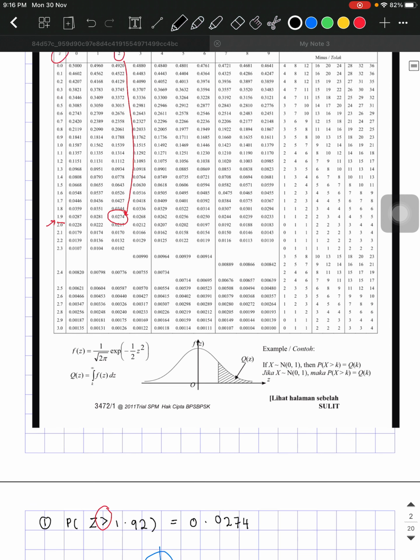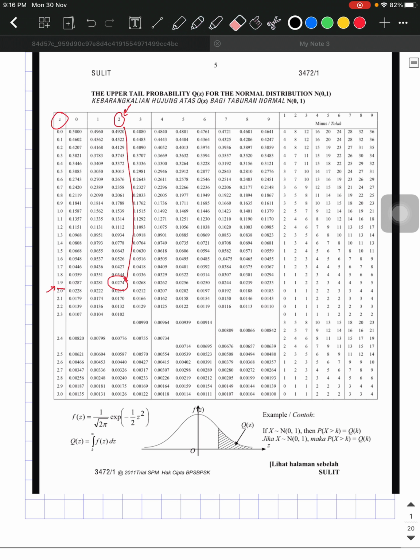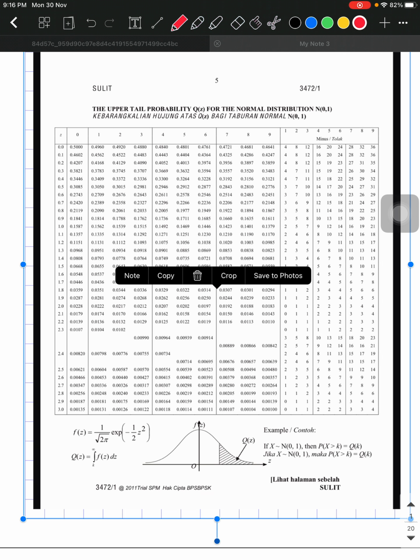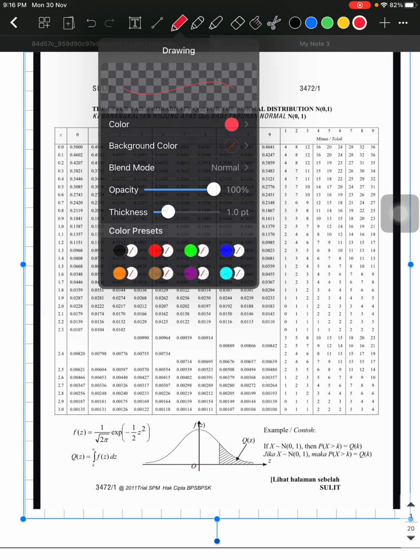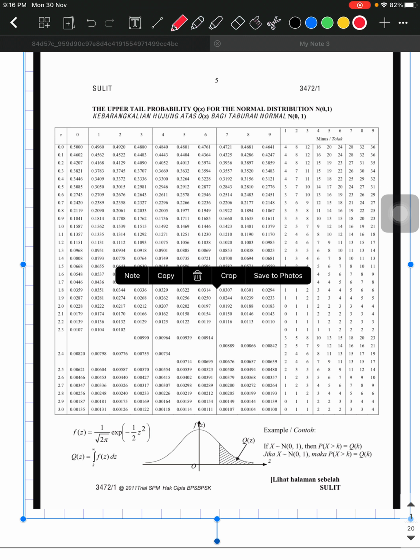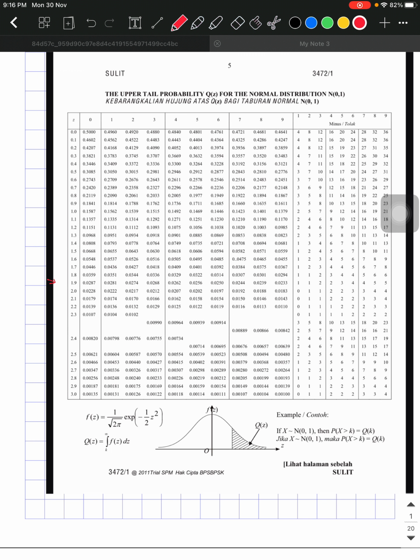So you need to find 1.9, then here again 1.92, and the 5 here.